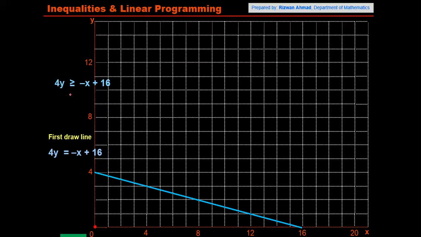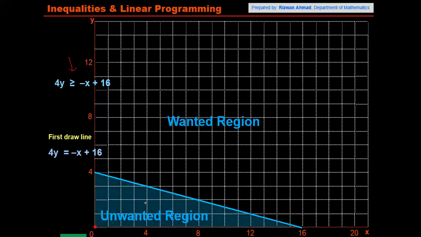Now we have to show what is the wanted and unwanted region. Here we have the greater than or equal to sign, so it means the line is dark, and greater means the region above the line is the wanted region. So this whole region is the wanted region, and this region is the unwanted region. So we'll shade the unwanted region. Wanted, unwanted, so we shade the unwanted region.